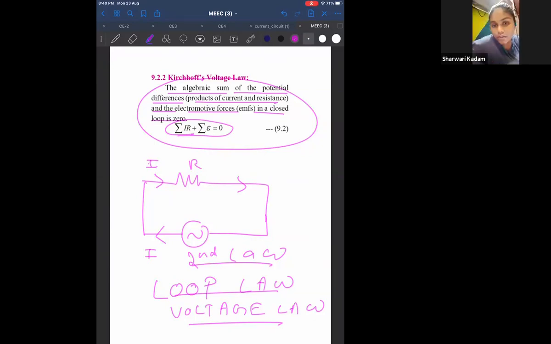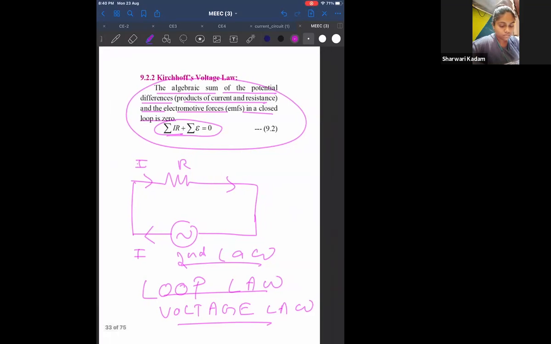So do we have to draw the diagram also? No, no, no. Just write this one. Done?